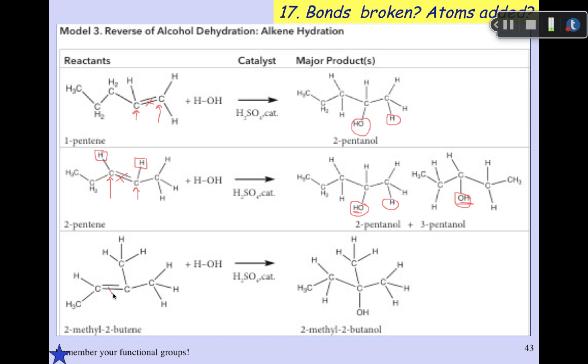And then the third example here, you break the double bond, you add hydrogen and OH. This time, where does the OH go? The OH goes to the side that has the fewest hydrogens, so it's going to be on the right carbon in this example, resulting in the product shown at the right, where you have another alcohol.